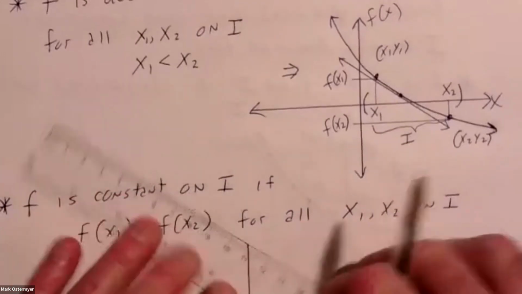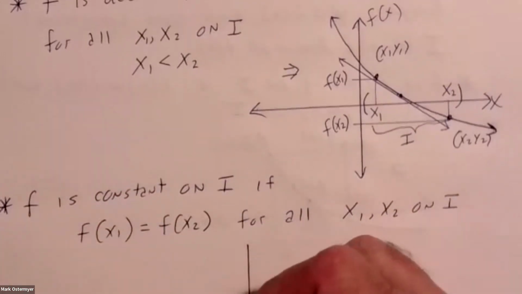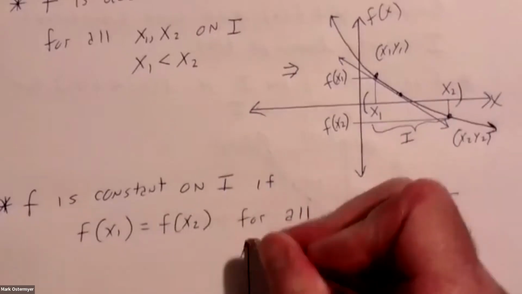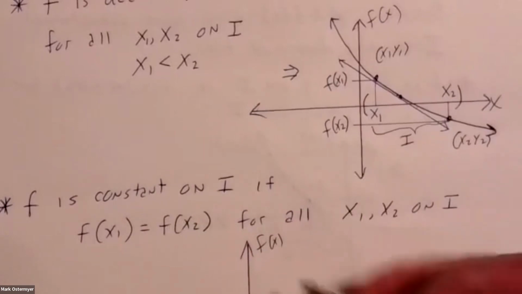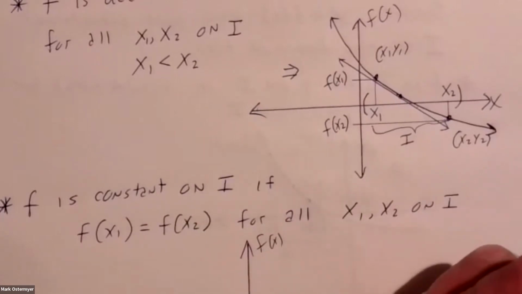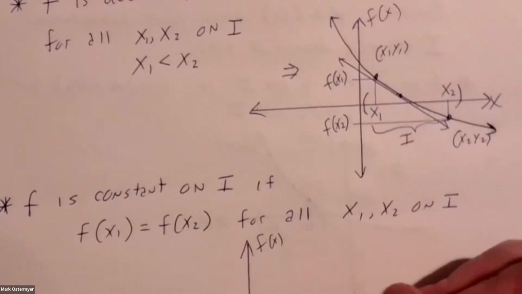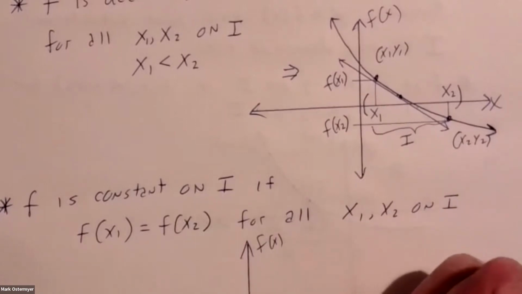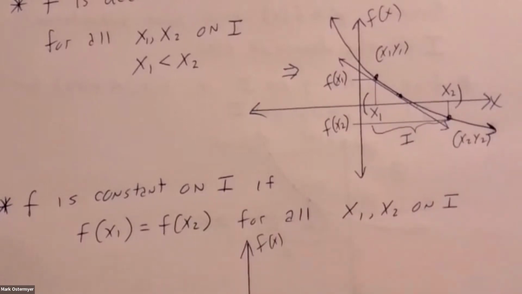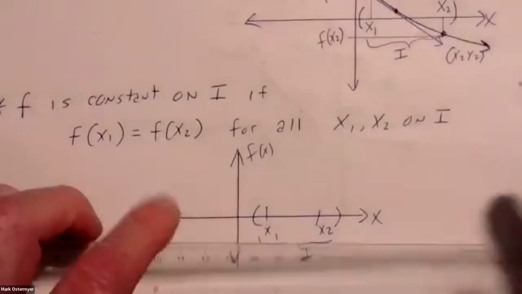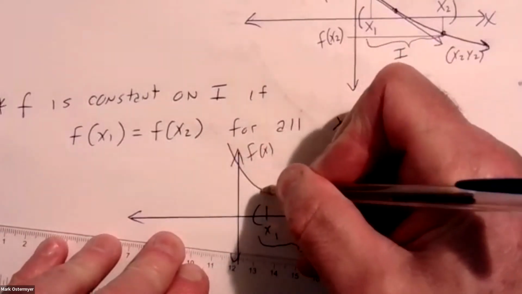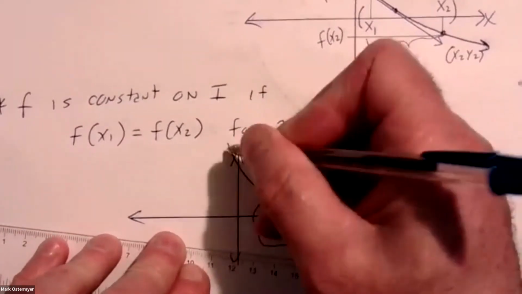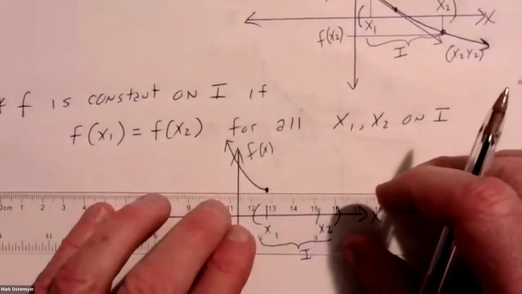Let's try to illustrate what it looks like for a function to be constant on an interval. I have x1 and I have x2 on some subinterval I. And suppose that my graph of my function looks like this.